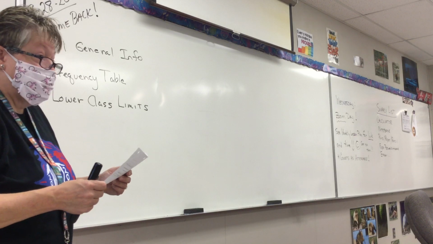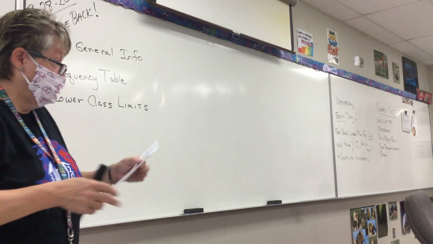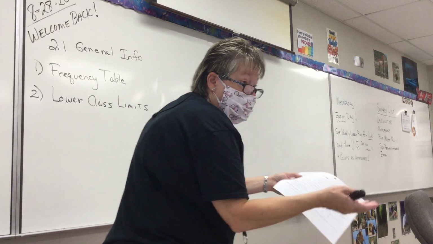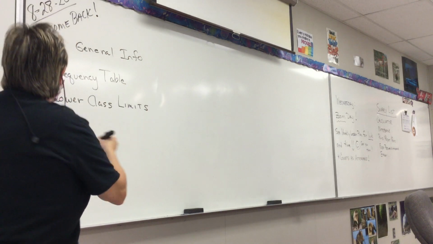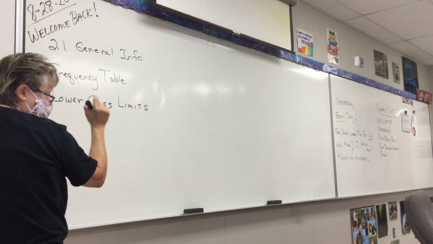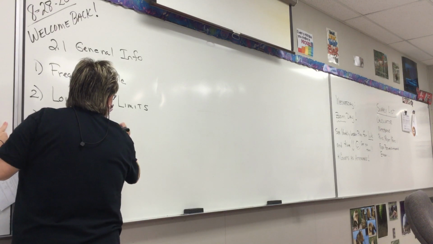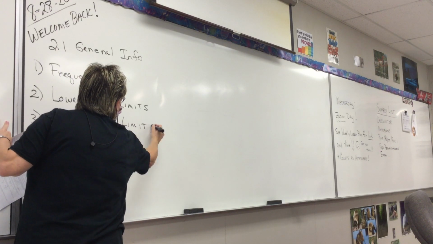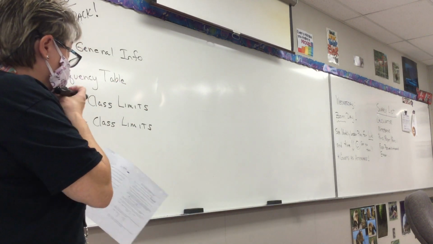Okay, lower class limits. Well, and then if there's a lower side, what else is there? There's lower class, there must be a, yep, higher, or actually they specifically call it upper class limits. Okay, upper class. We got a lower class limit and an upper class limit.